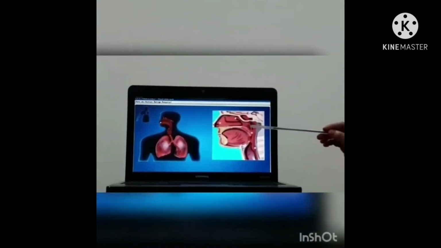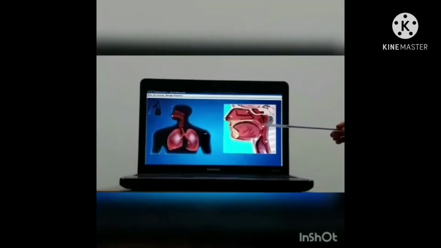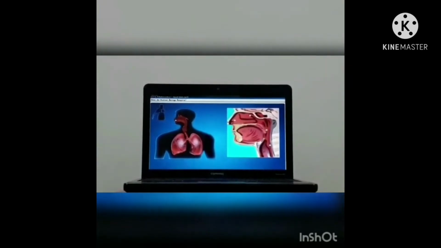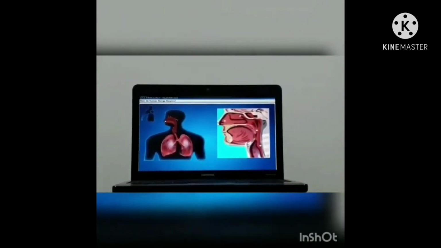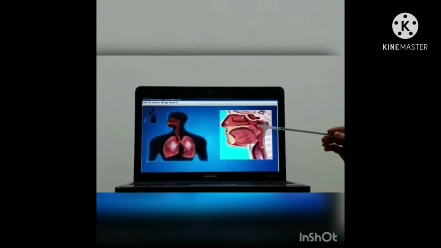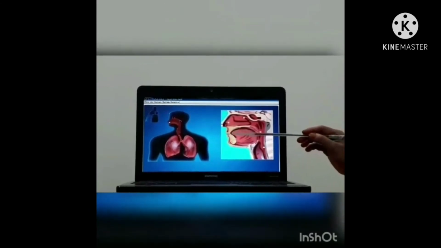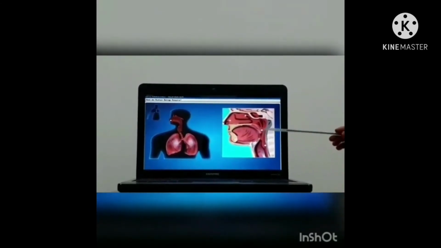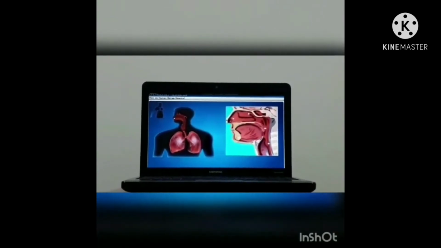The nasal chambers open into the pharynx through small openings called uvula. And the mouth cavity also leads to a common passage that is named the pharynx.